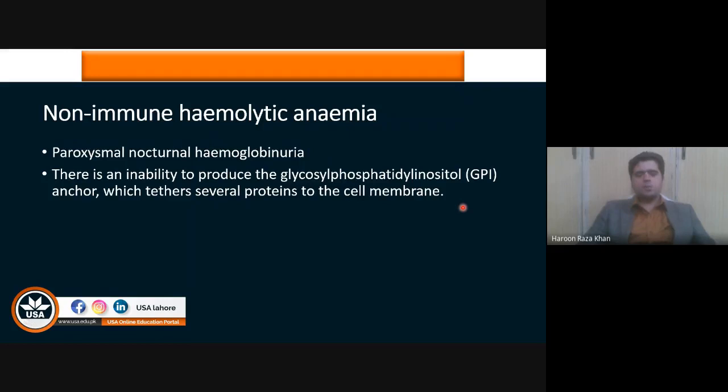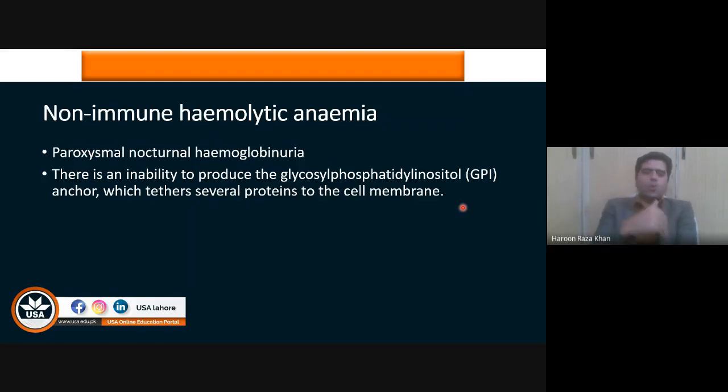Now, class, we will talk about non-immune hemolytic anemias. The interesting point about these non-immune hemolytic anemias is that this acquired hemolytic anemia is due to some non-immune cause. Autoimmune hemolytic anemias make perfect sense as the antigens have been tagged by the autoantibodies themselves.